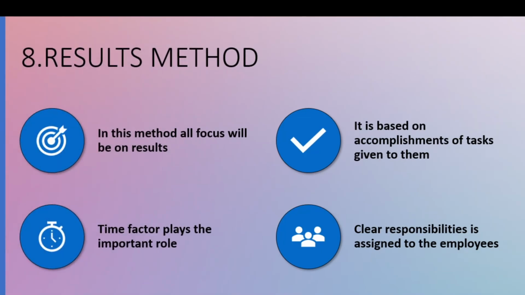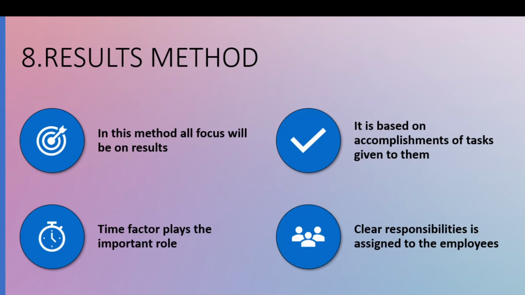Results method. Organizations of the contemporary period evaluate employee performance based on accomplishments they achieve rather than based on behavioral factors or traits. Employee accomplishments include sales turnover, number of units produced, number of customers served, number of complaints settled, etc. Here, the organization mainly focuses on the results made by employees.